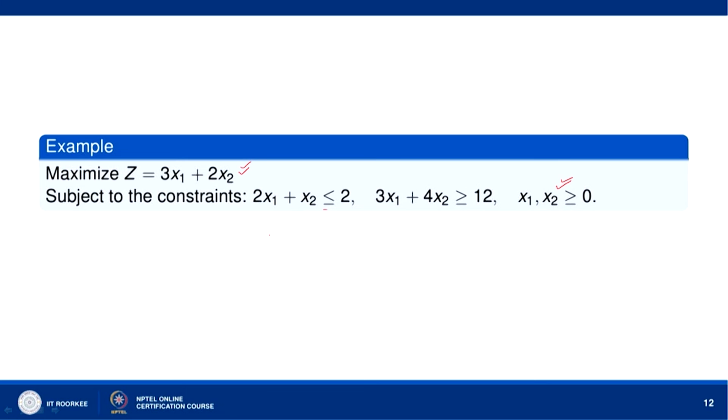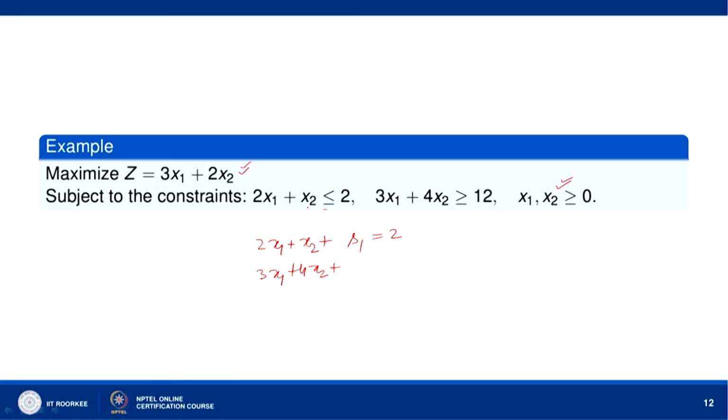We will convert it to an equality by writing 2x1 plus x2 plus 0 into, we have to consider a slack variable, so 0 into s1, and then equal to 2. But here we have 3x1 plus 4x2, which is of greater than or equal to type.